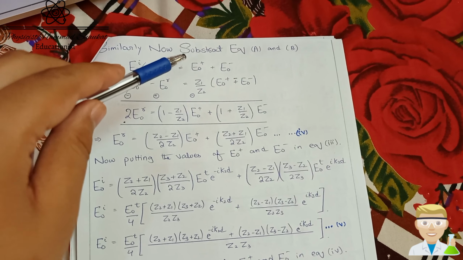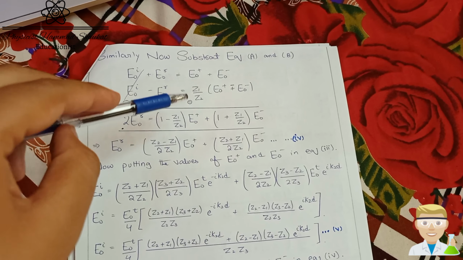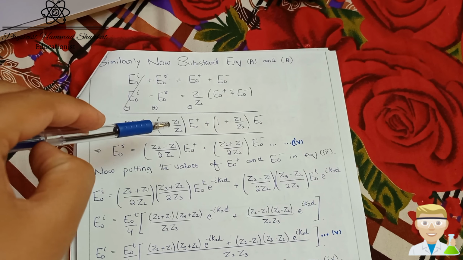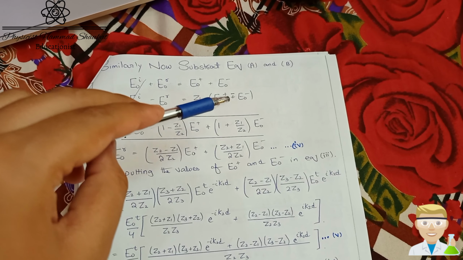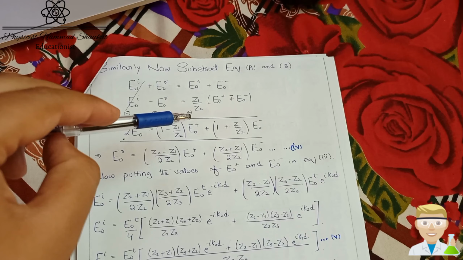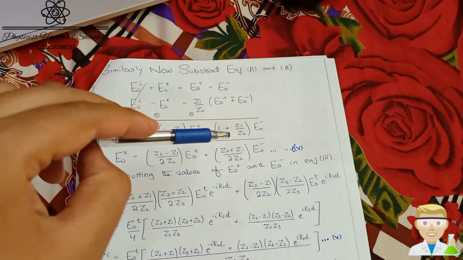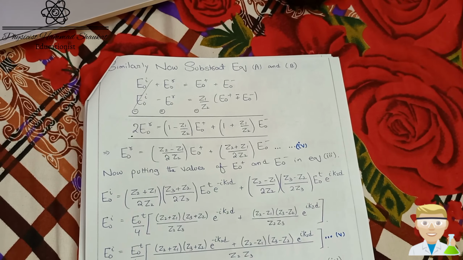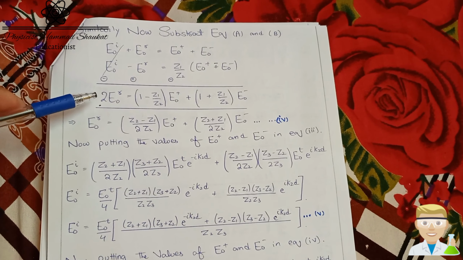And here you can see e naught plus is taken common. You will be left with 1 minus z1 by z2. Again here e naught minus is common, and here is minus, and here is minus, minus becomes plus. So you will be left with 1 plus z1 by z2 for the case of e naught minus when taking common, because we need the e naught r reflected electric field.